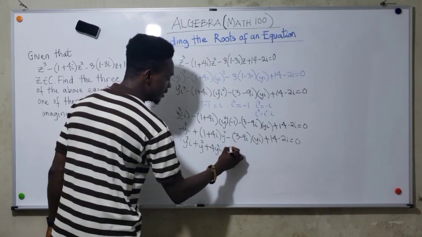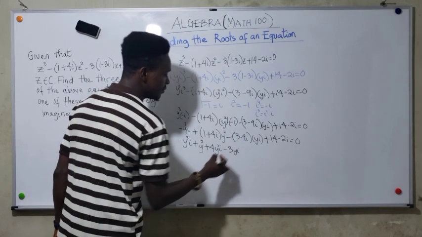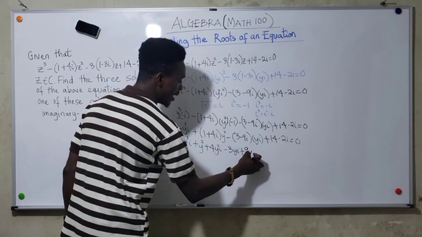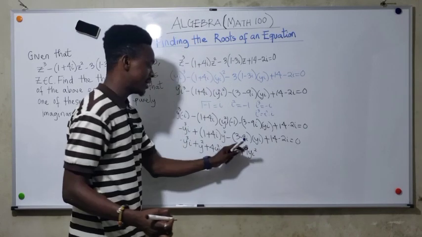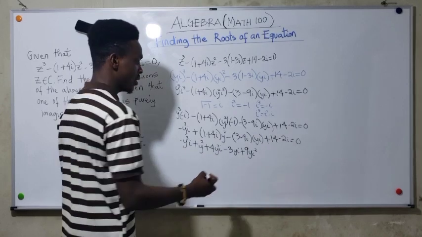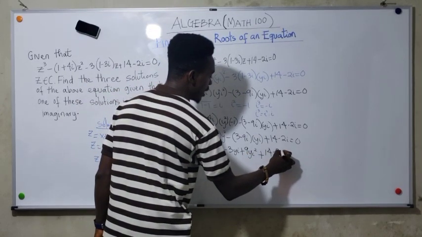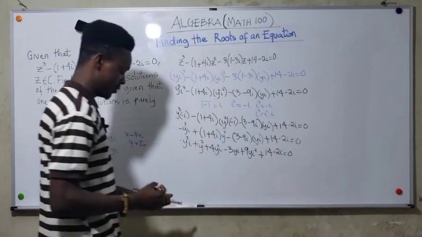So we'll have minus 3yi plus 9yi squared, because i times i is i squared, plus 14 minus 2i is equal to 0.